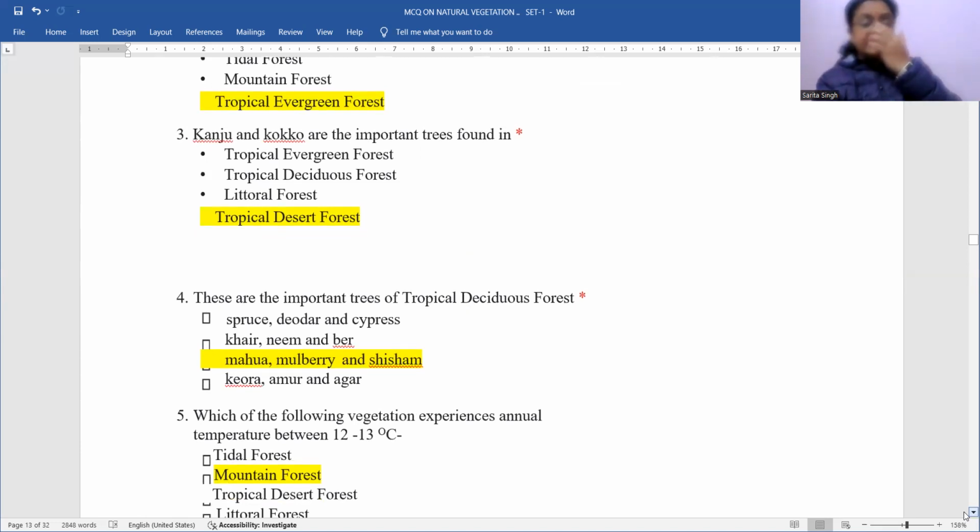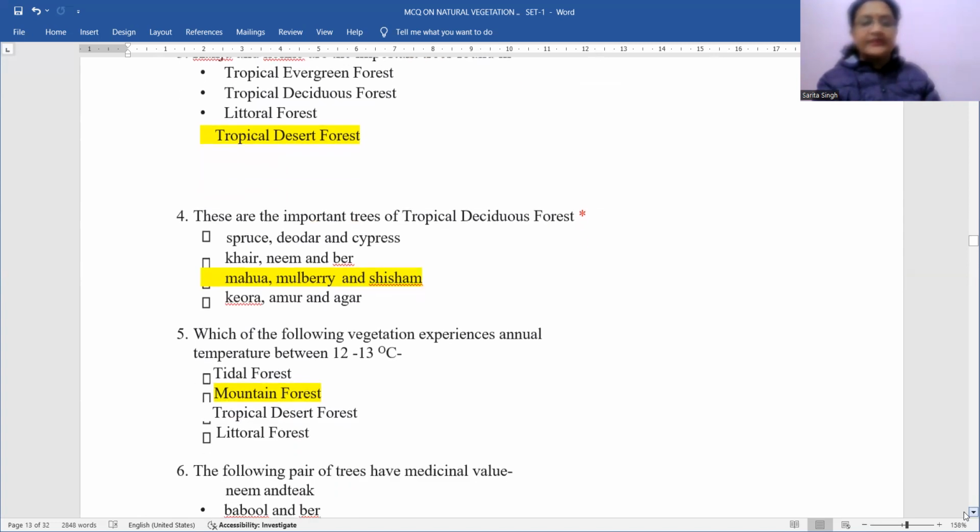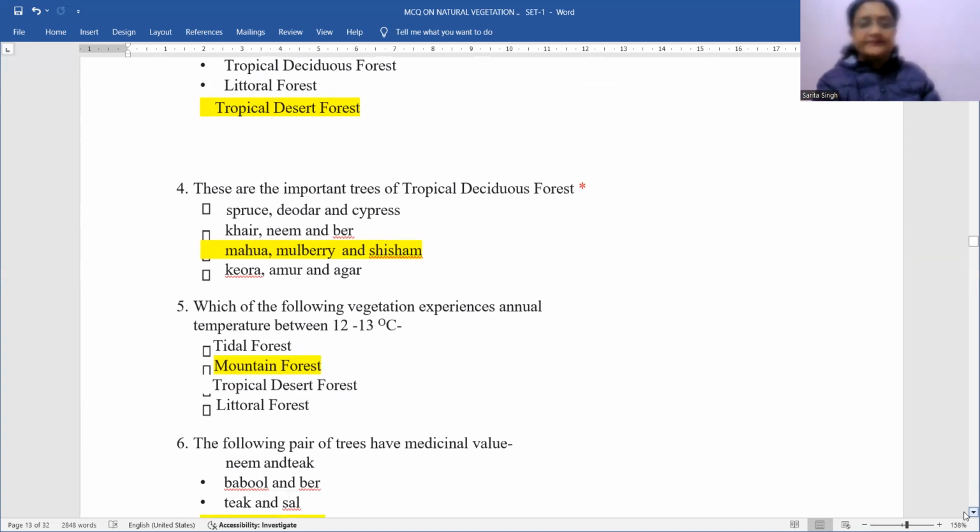और इसमें आपको एग्जाम्पल्स दिए हुए हैं अलग अलग वेजिटेशन टाइप्स के ट्रीज के नाम। नंबर 1 हो गया स्प्रूस, देवदार, सिप्रस, राइट, एंड नंबर 2 इज खैर, नीम एंड बेर। Number 3, mahua, mulberry, shisham. Number 4 is keoda, amur, and agar, right?